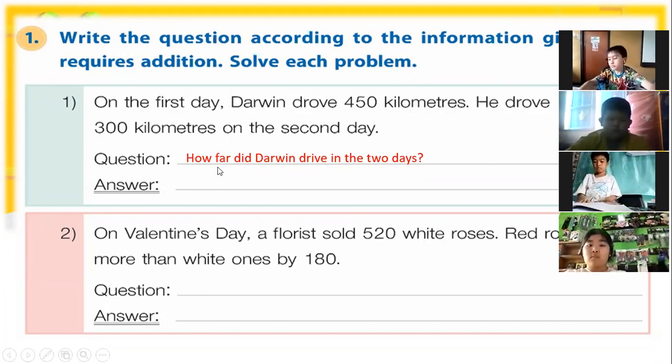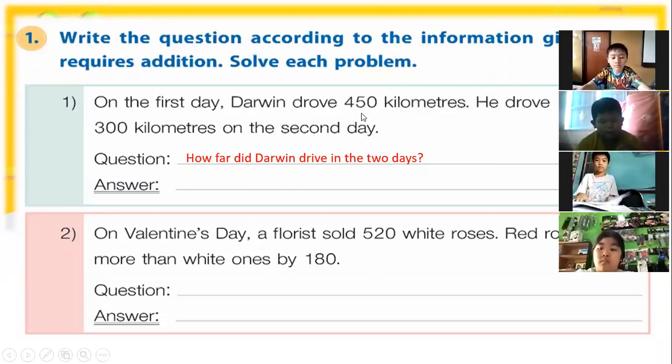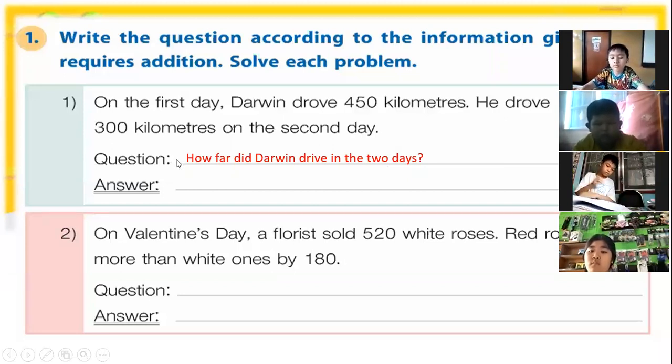So the question we can make here is: how far did Darwin drive in 2 days? It is a simple question we can make from this information.